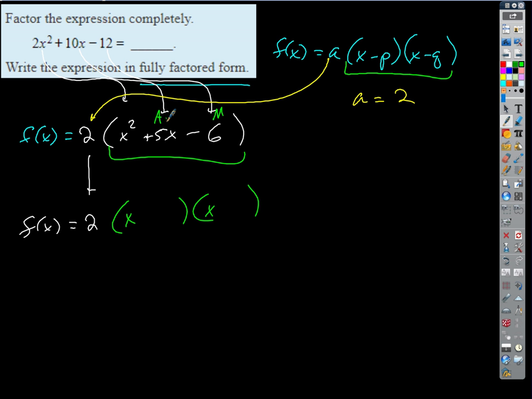You've got to be very careful about the signs. If they're multiplying to a negative number, what's it tell you about the signs? One's negative and one's positive. If they're adding to a positive, which one's bigger? Positive must be bigger if they add to a positive. So now that helps. Is it 6 and -1? It's positive 6 and -1, isn't it? Not 2 and 3, right? Okay, make sense?